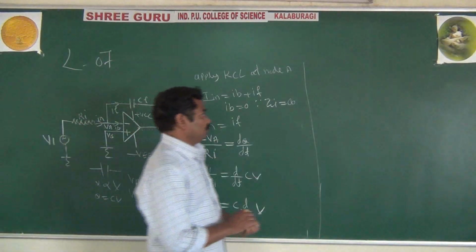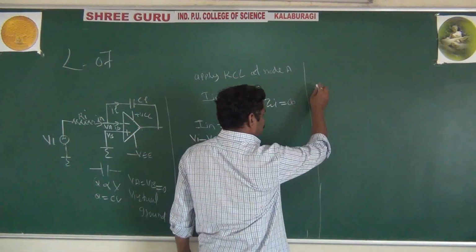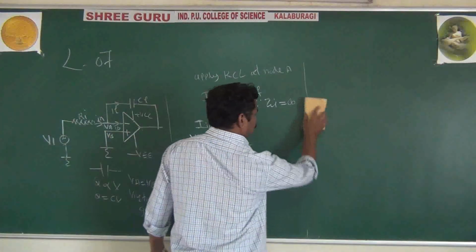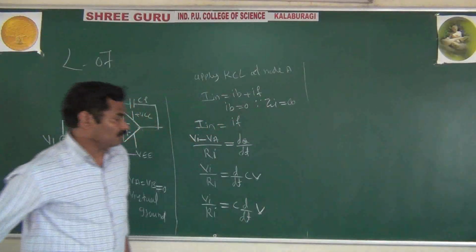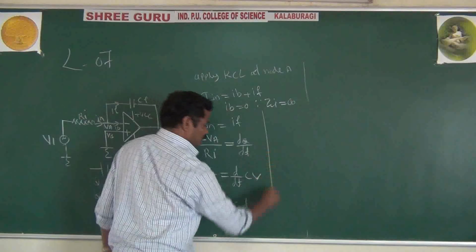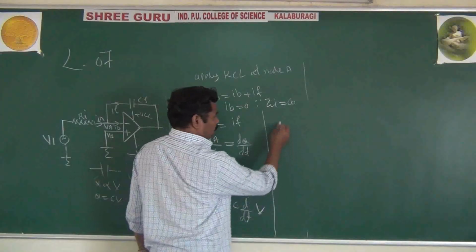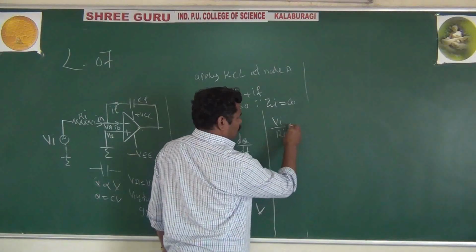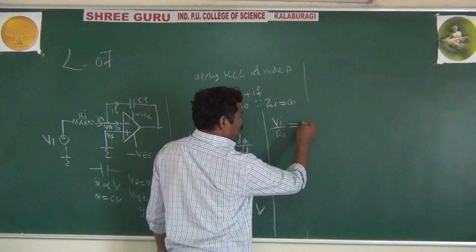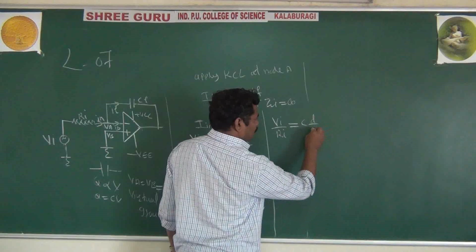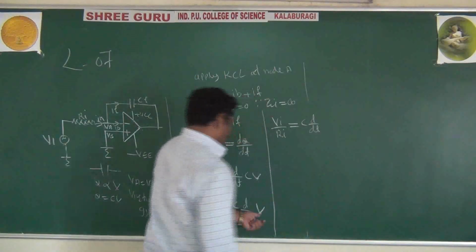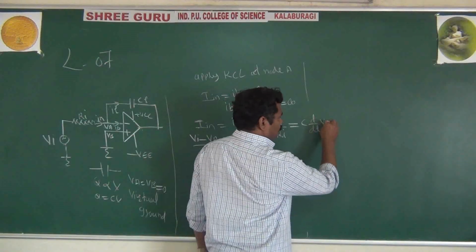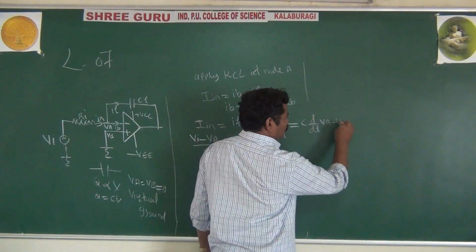So Vi by Ri equals C into d by dt of Va minus V naught.